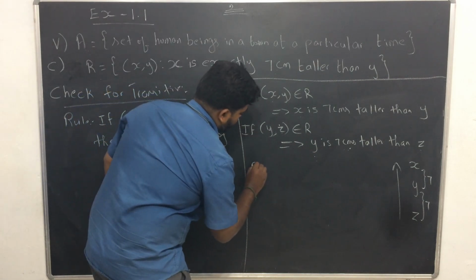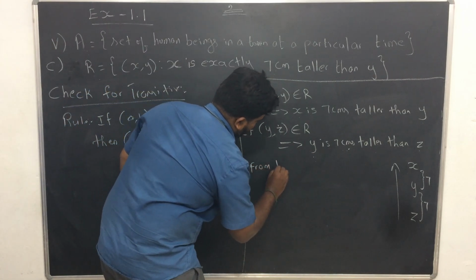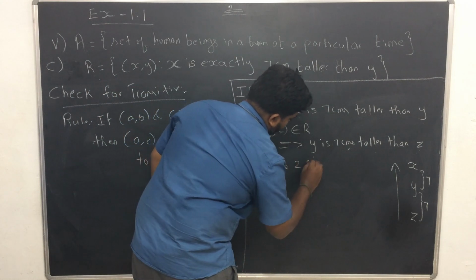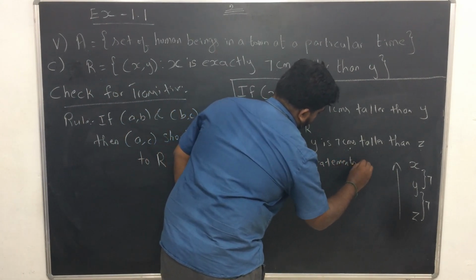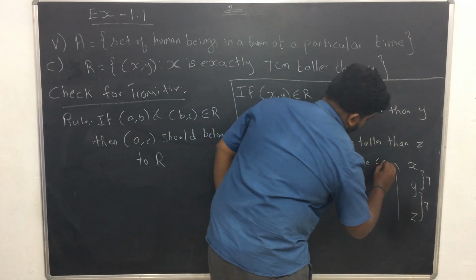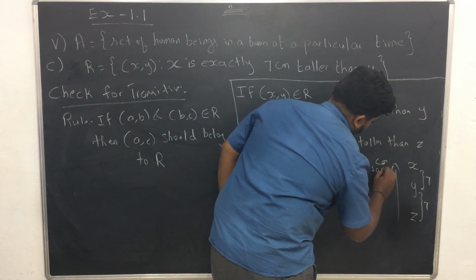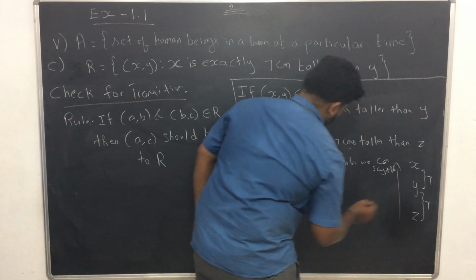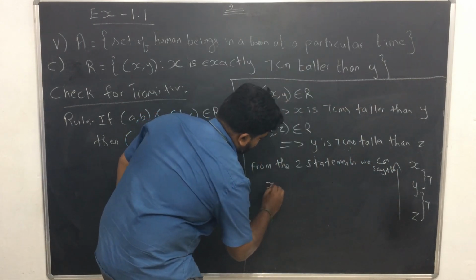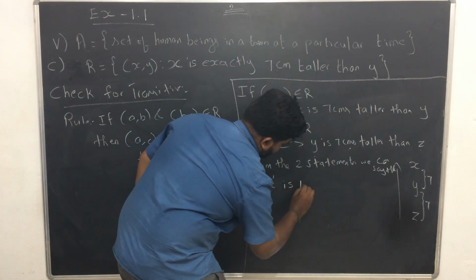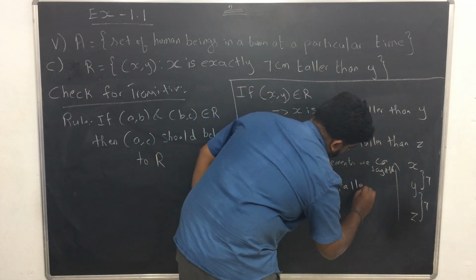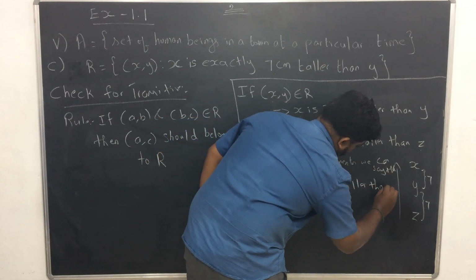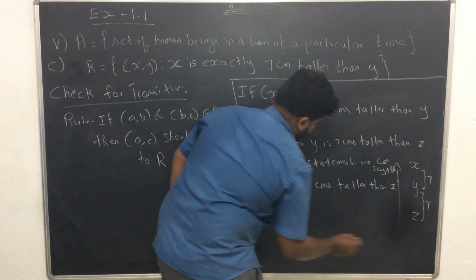So from the two statements, we can say that x is 14 centimeters taller than z.